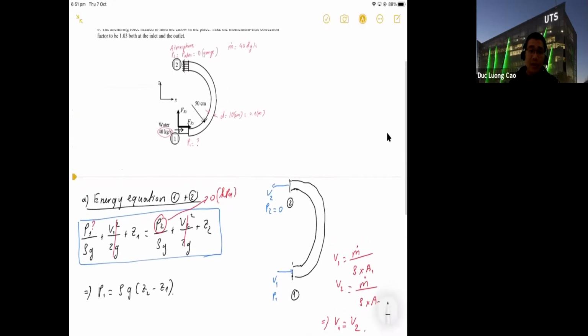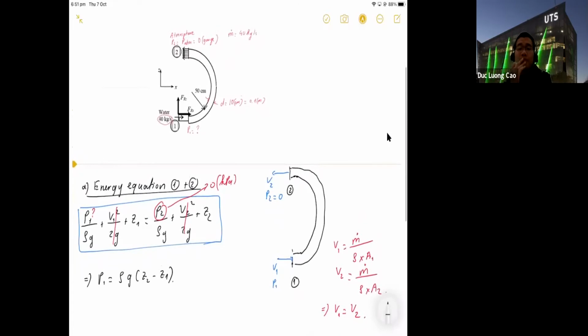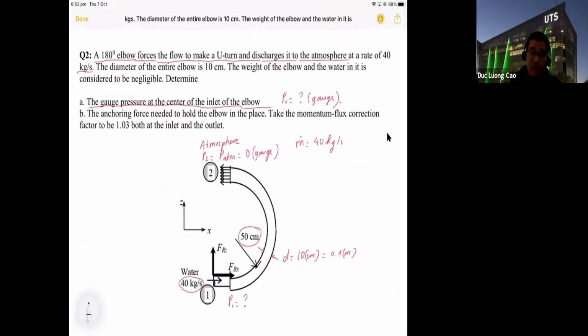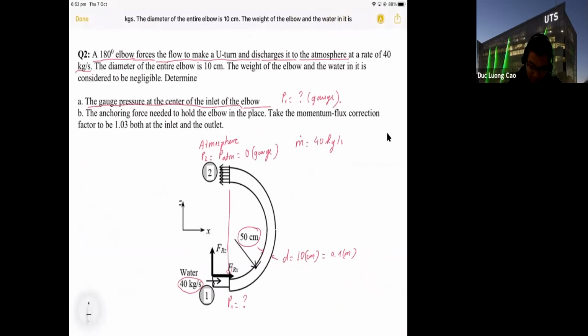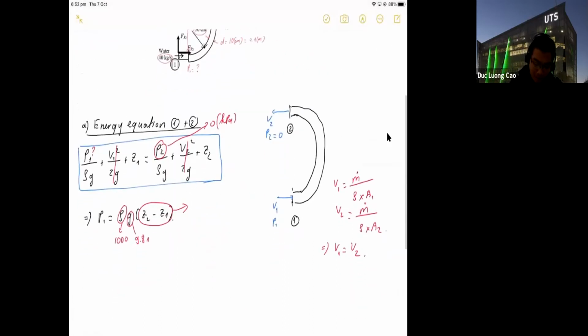How about Z2 minus Z1? The density is 1000 and gravity is 9.81. The radius is 50 centimeters, so the distance Z2 minus Z1 equals 2 times 50, or 100 centimeters, which is 1 meter.